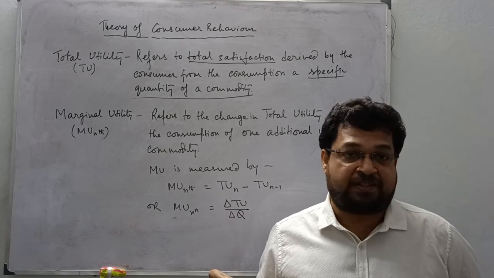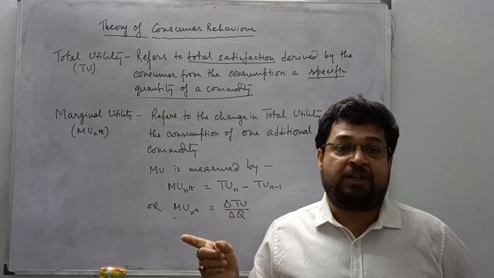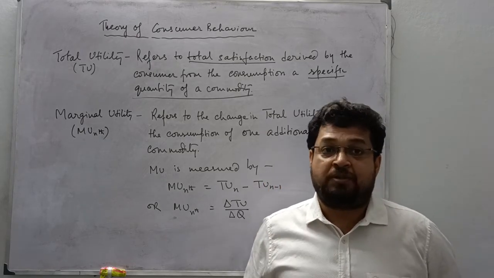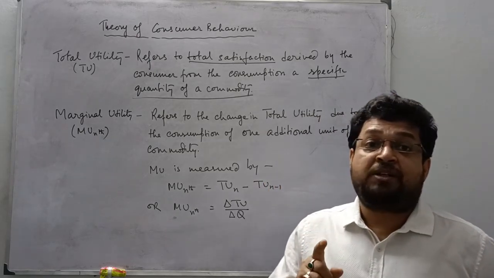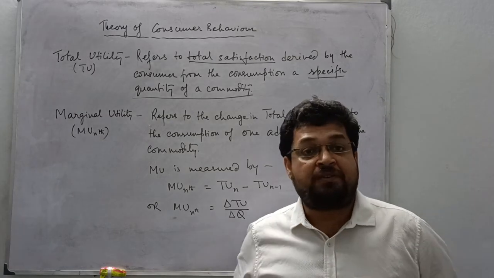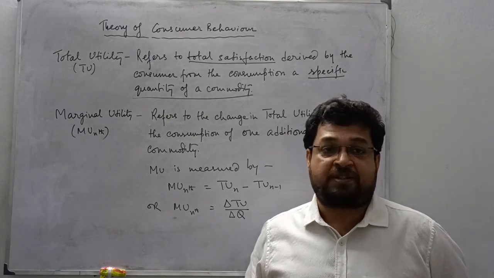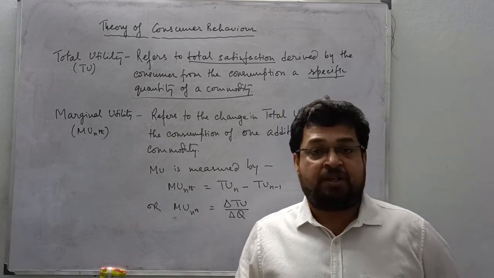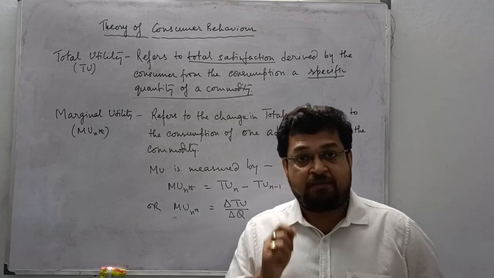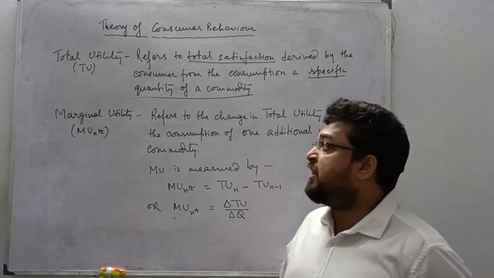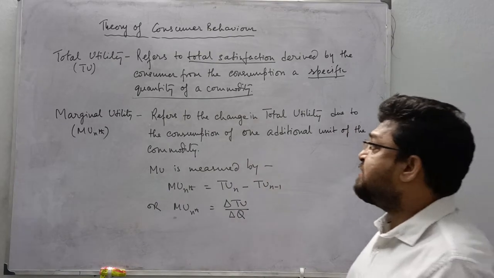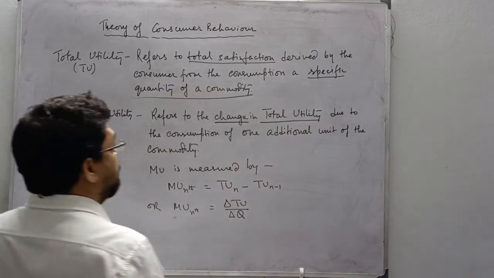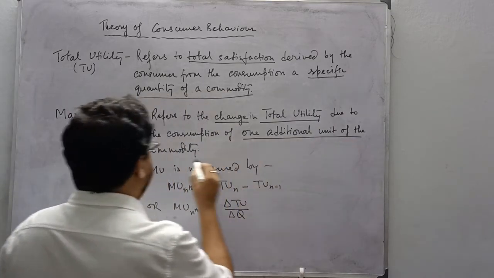What is the change in total utility due to the third additional unit consumed? The third additional unit consumed has given me 4 units of satisfaction. So the marginal utility for the third unit is 4. That's why we define marginal utility as the change in total utility due to the consumption of 1 additional unit of a commodity.